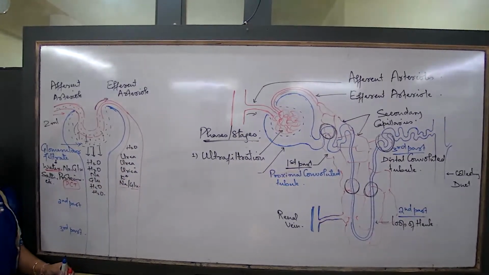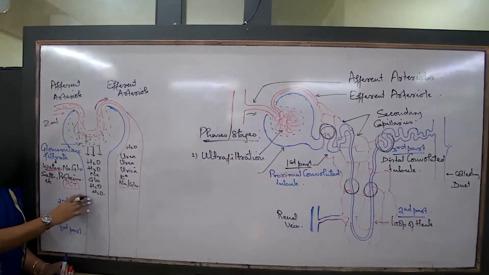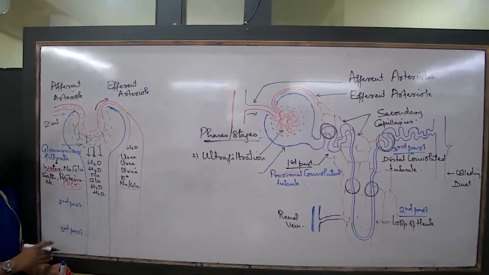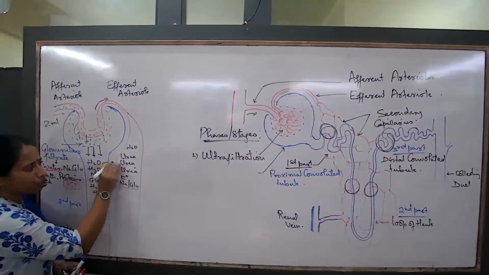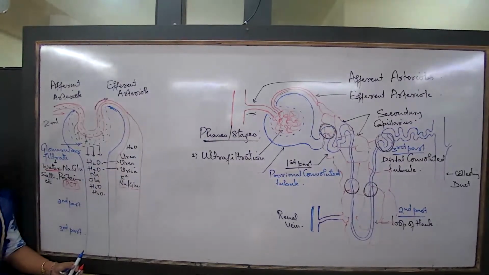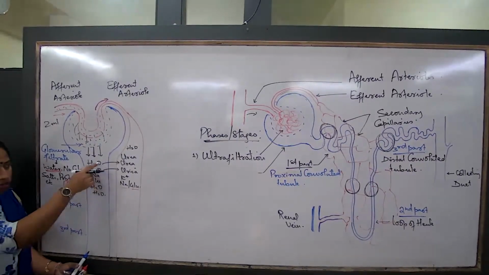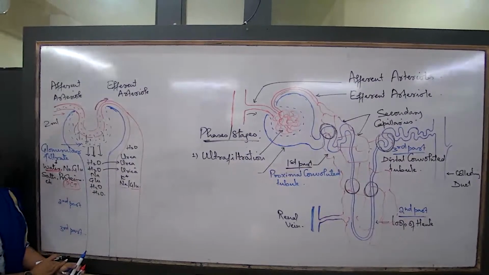So the body always starts showing a lot of exchange of substances. So exchange of substances, which process are we to understand? Exchange of substances by a process known as diffusion, where the molecules will be moving from a region of high concentration to a region of low concentration.